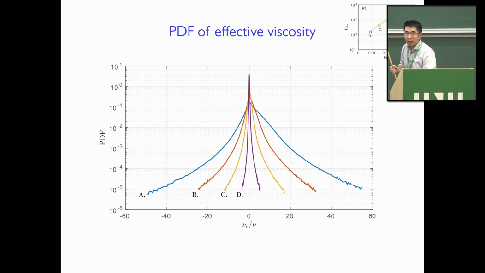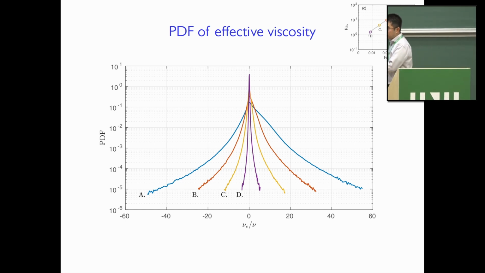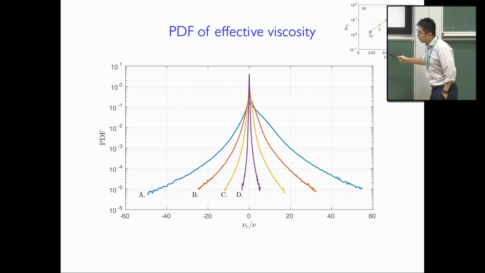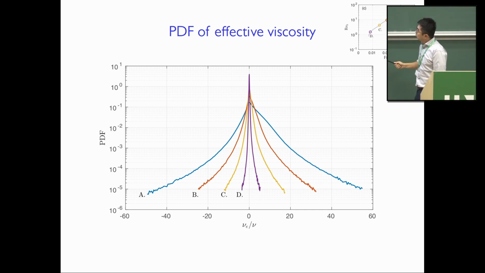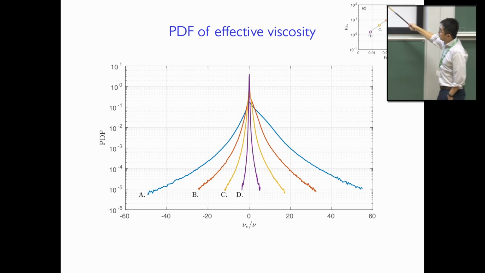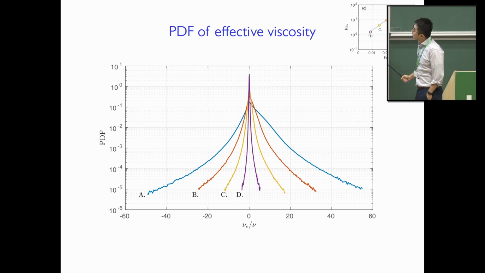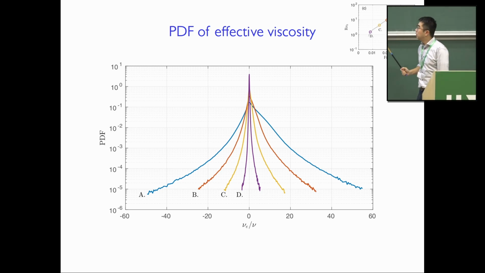Just based on that, I can do the PDF of the nu_E here, which is the effective viscosity normalized by the molecular value, and I'm showing you the 4 snapshots here. As the turbulence decays, you see the envelope start to shrink. But if you look carefully, positive always wins over negative by a little bit.